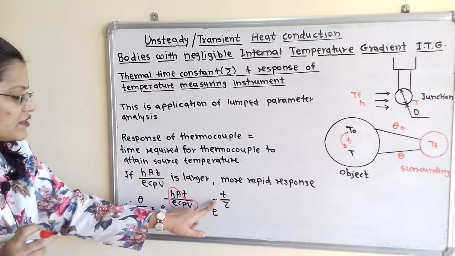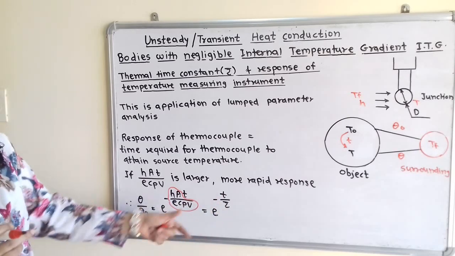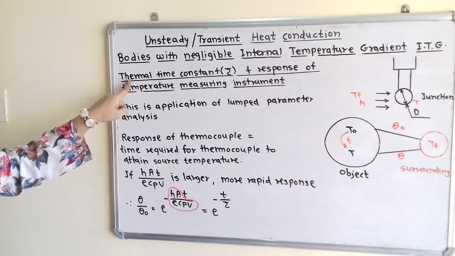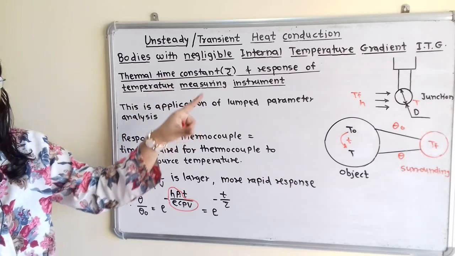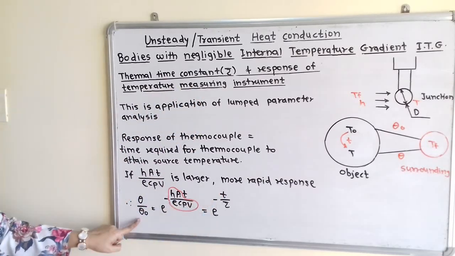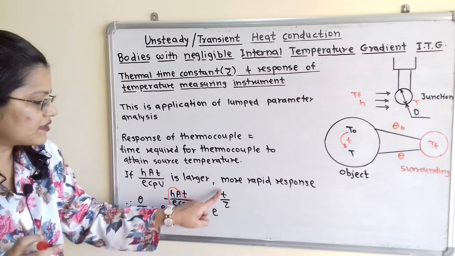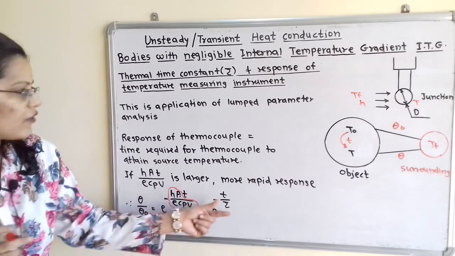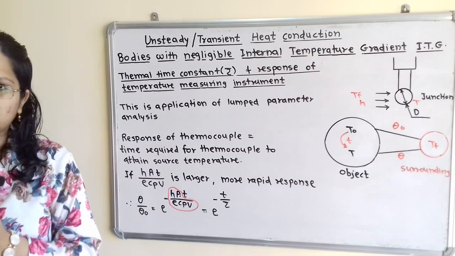So here e raised to minus t by tau. So for the questions on the thermal time constant or for the thermocouple, we will use this formula theta by theta 0 is equal to e raised to minus t by tau, where tau is the thermal time constant.